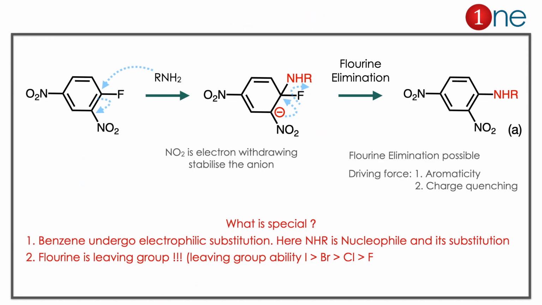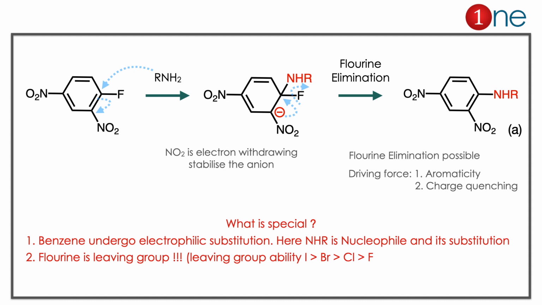The starting material has fluorine and a nitro group. Among the nitro group and fluorine, one can be removed, but only under extraordinary conditions, and you are using the amine. So let us see how it works. The amine attacks at the fluorine carbon, so the aromaticity of the ring is destroyed. The charge on the ring is changed, and a negative charge is formed there. The negative charge can be stabilized by the nitro group since it is an electron withdrawing group.